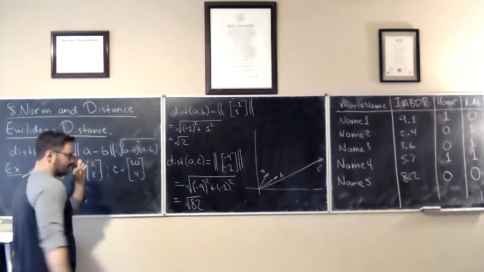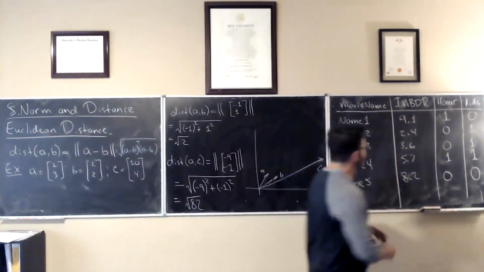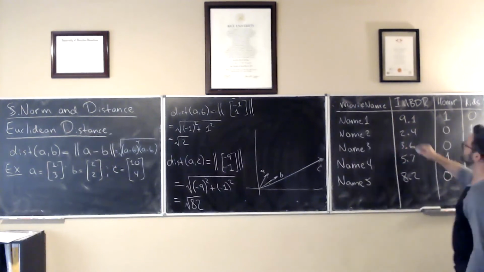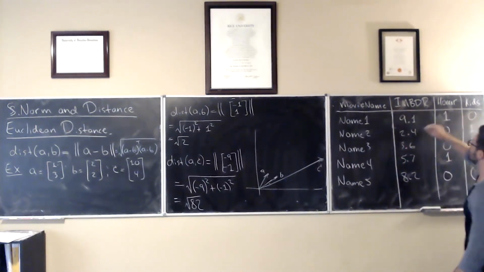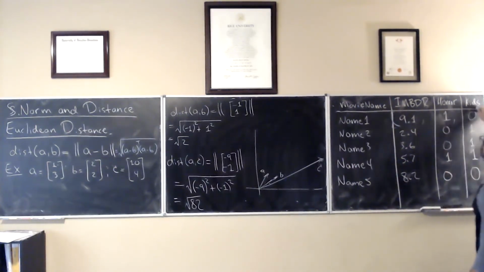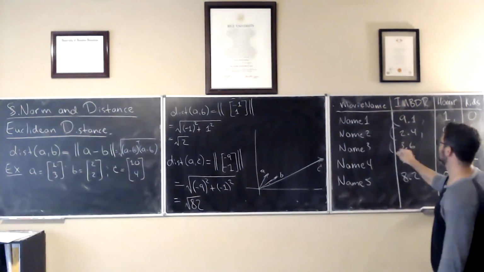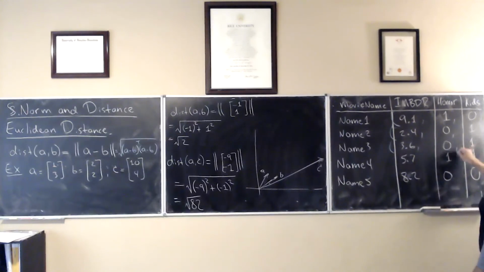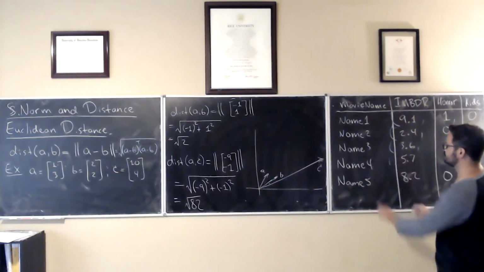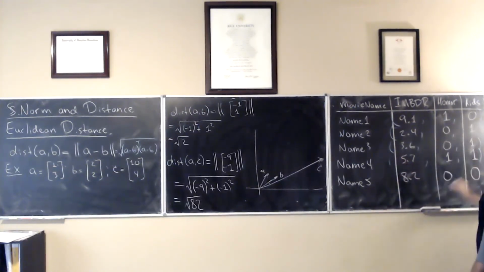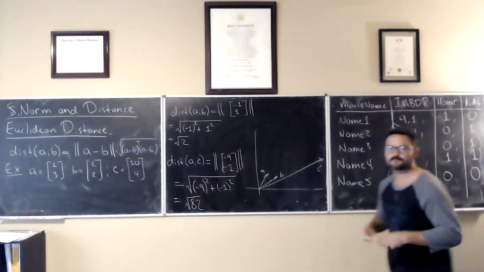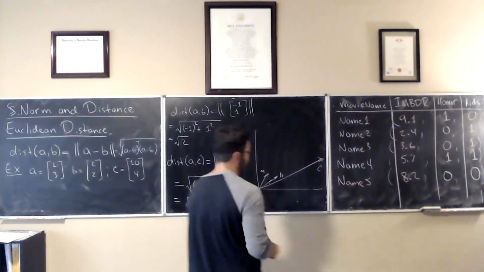So now, for each movie name, you have a vector. Now you see that, right? Each name has a corresponding vector of features that go along with it.